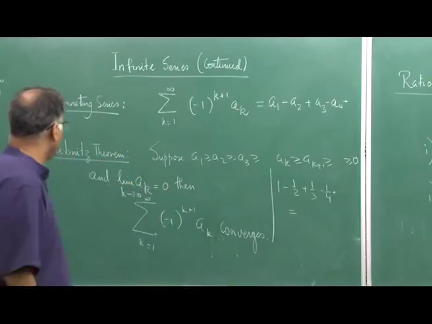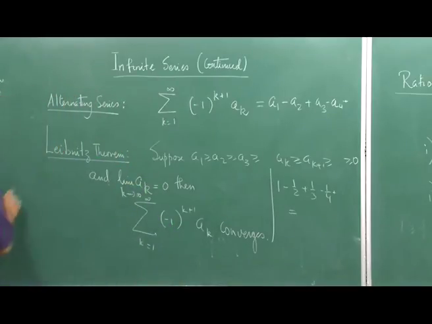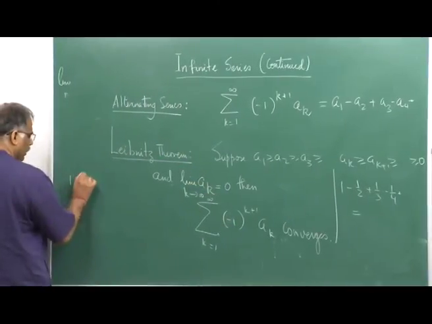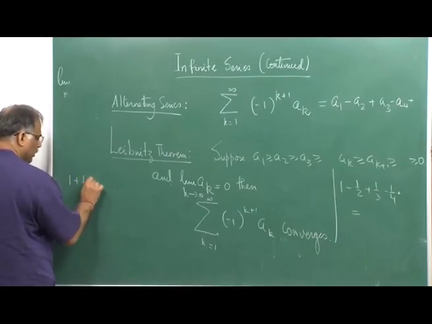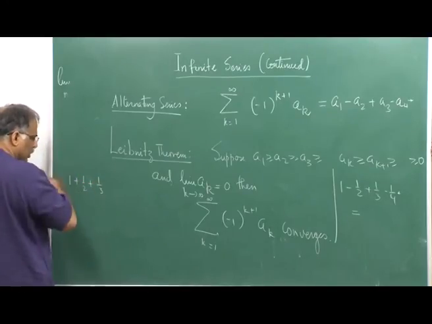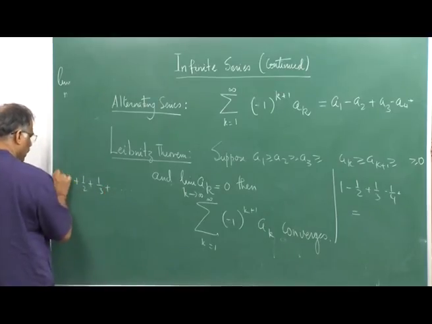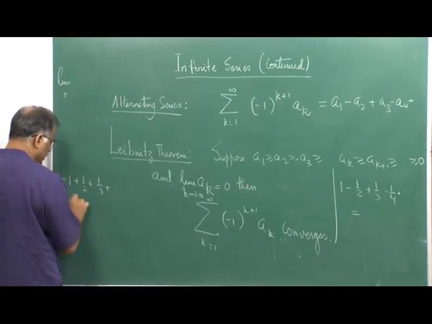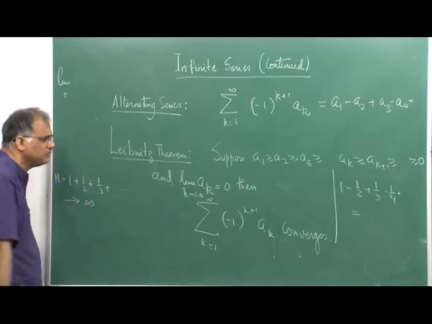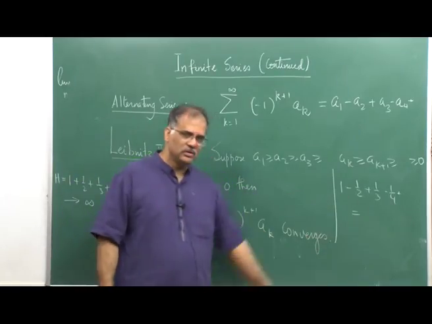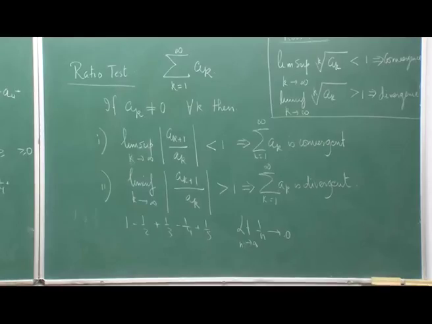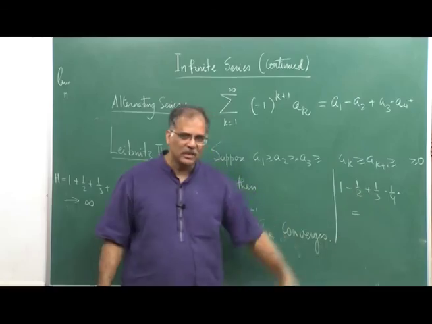But it is not absolutely convergent, because if you take the modulus, then the series summation mod a_k would become the harmonic series, and you know that this is divergent. But do you know what is the sum of this series?